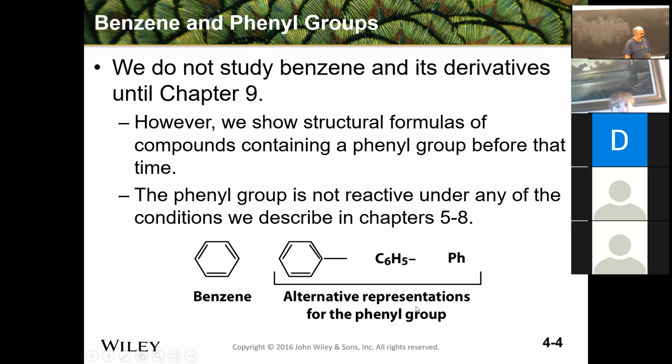A benzene ring as a substituent we can show like this. We can show C6H5, that implies a benzene ring. And then Ph is also symbolic of a benzene ring. Ph comes from the word phenyl. This is what's called a phenyl group. Benzene as a substituent is not a benzyl, but it's a phenyl.